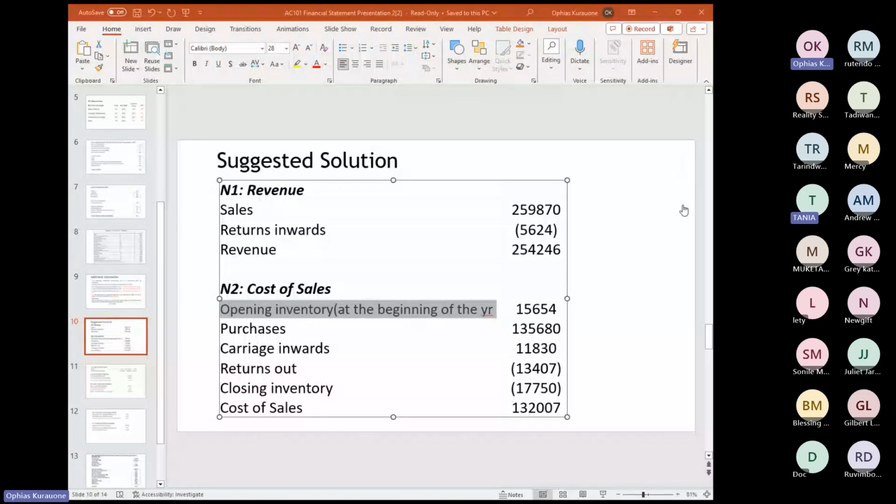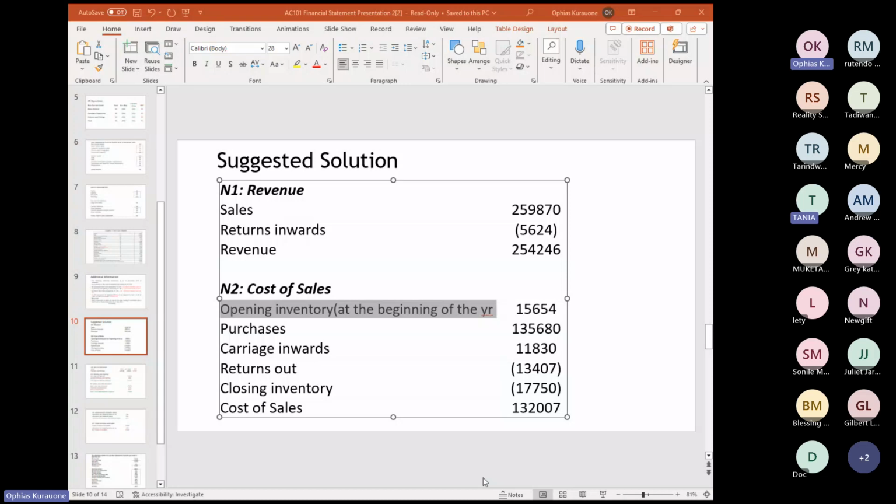Carriage inwards is not an operating what? Expense. But what this one does, it increases purchases. It's only included when you are calculating in the trading account. It's in the trading account that the carriage inwards goes. But carriage outwards is an expense.